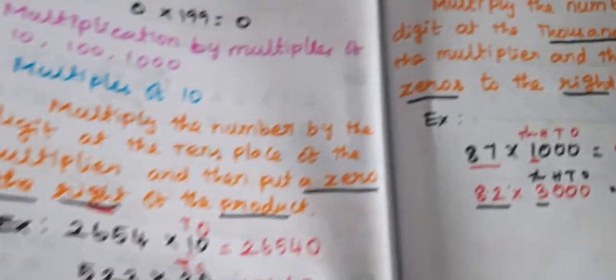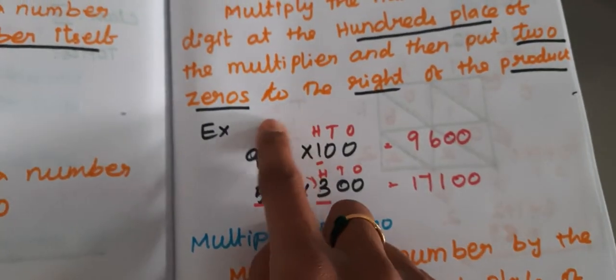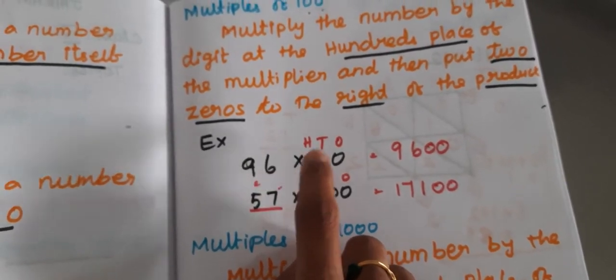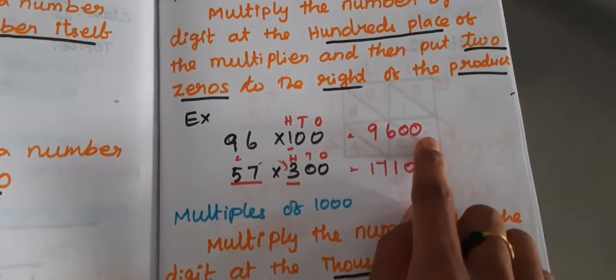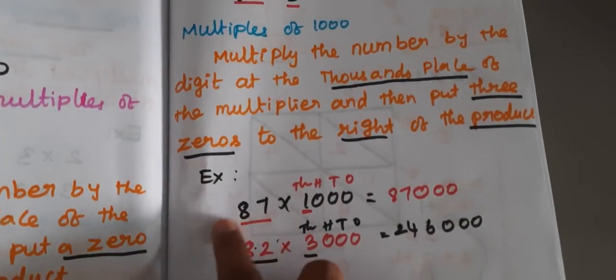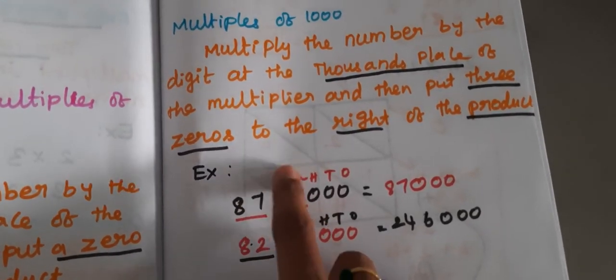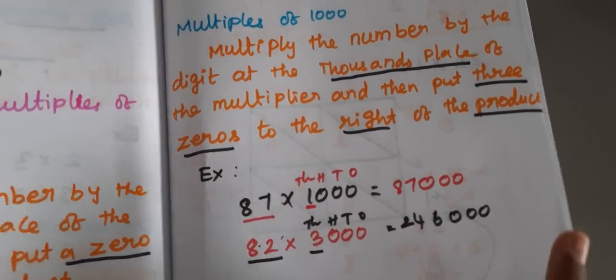Next, multiples of 100: multiply the number with the hundreds digit of the multiplier and add 2 zeros at the end. Same for 1000: multiply and add 3 zeros at the end.